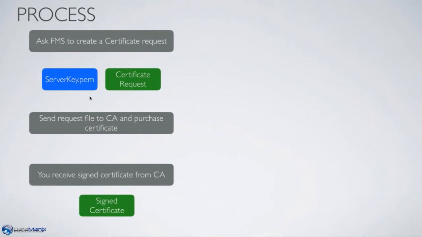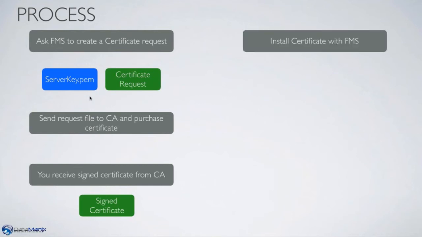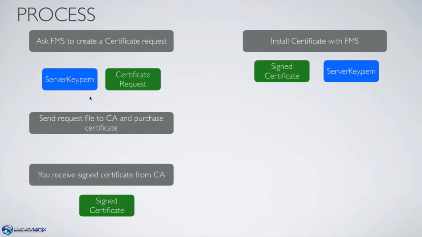So now you've got the signed certificate. You already have the server key sitting on the FileMaker Server, so now we just need to install the certificate. And that goes with the signed certificate that you receive from the certificate authority, as well as the server key that is sitting on the FileMaker Server that we originally created.